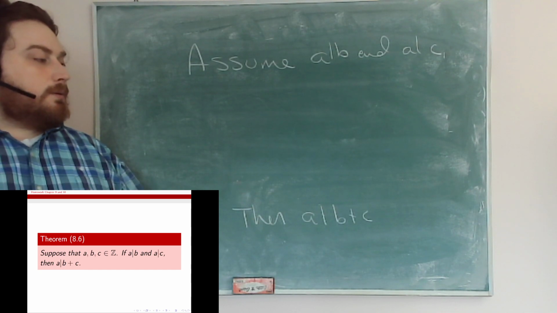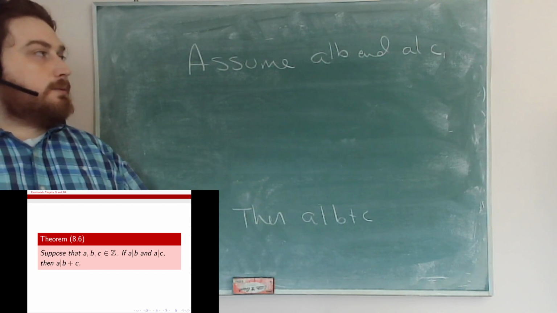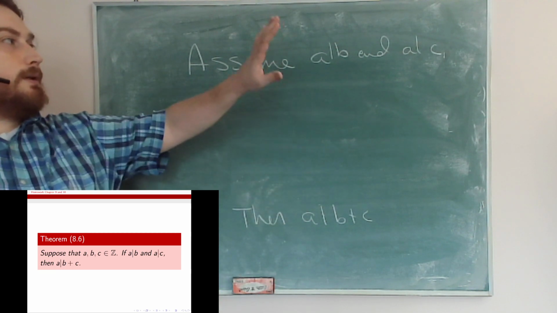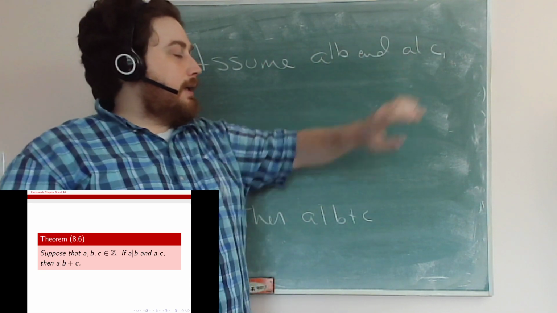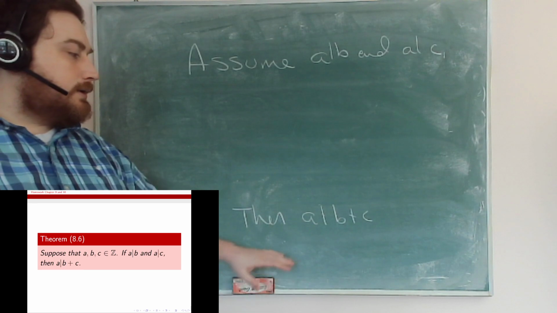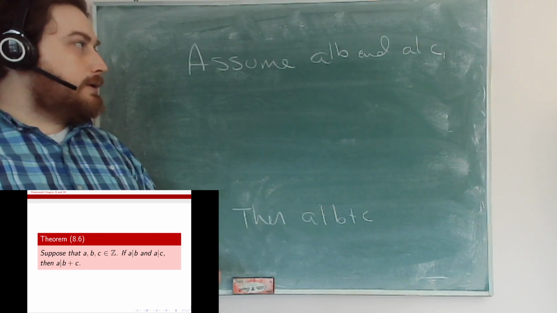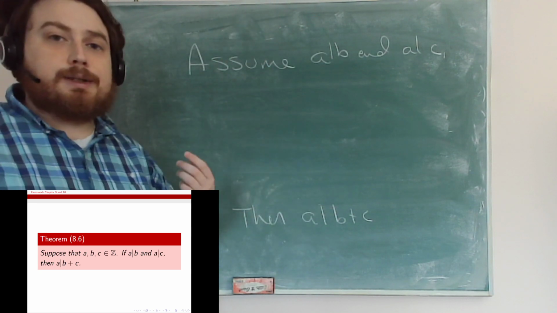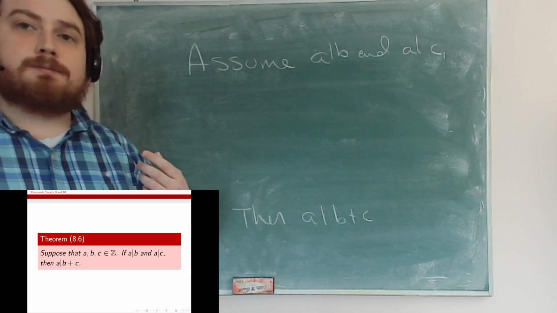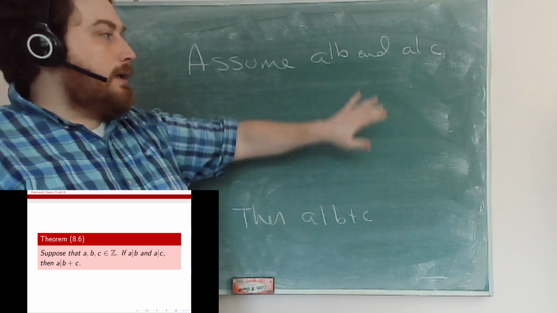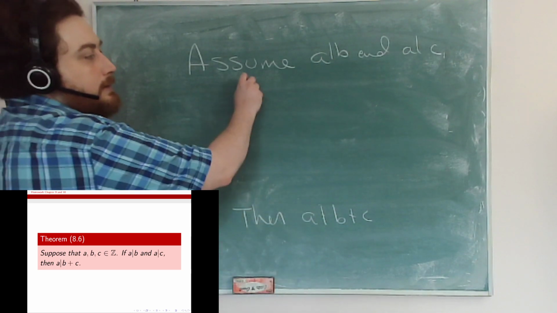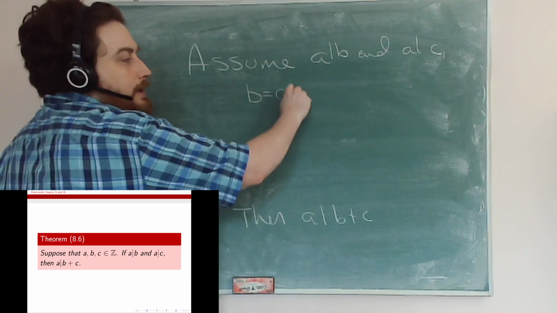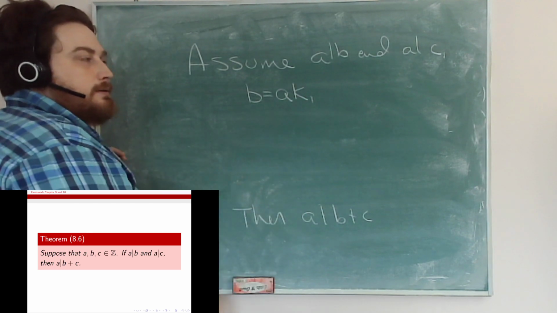So what we have to do to work with this is say that, okay, if a divides b and a divides c, can I show that a divides b plus c? I want to write out, by definition, what are these things equal to? So if a divides b, that means that b is a times some integer.